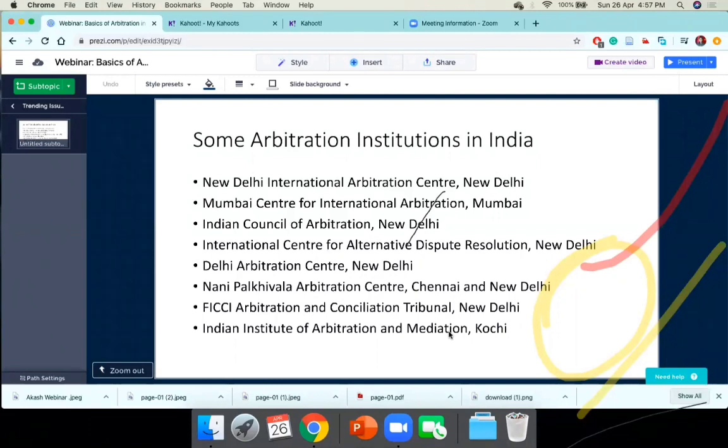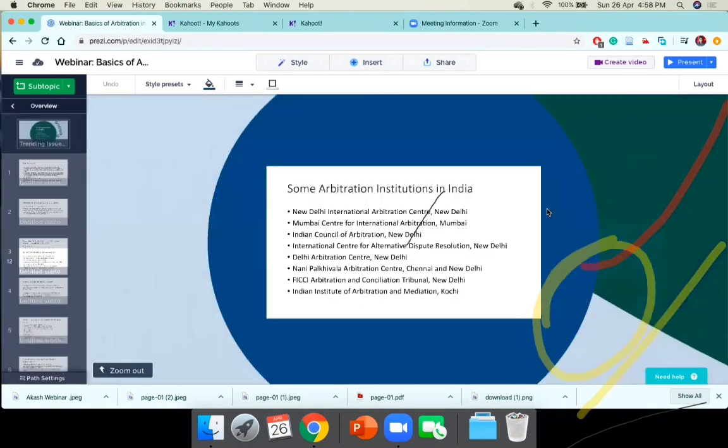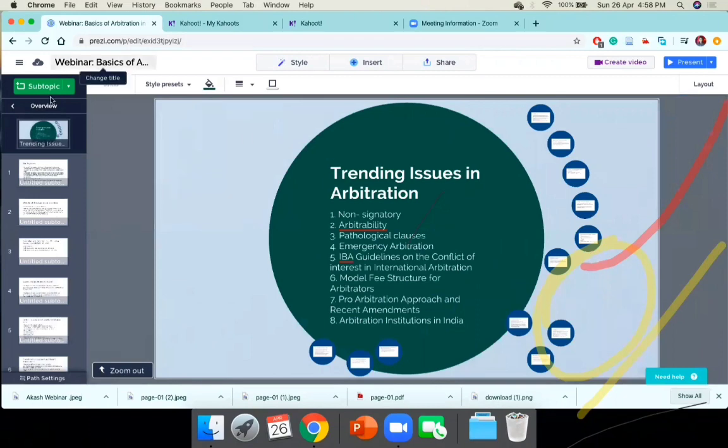However, you can do the accreditation courses and look into the ODR platforms, the online dispute resolution platforms like SAMA or Presolve 360, where you can sign up as an arbitrator, as a neutral, or as a case manager.